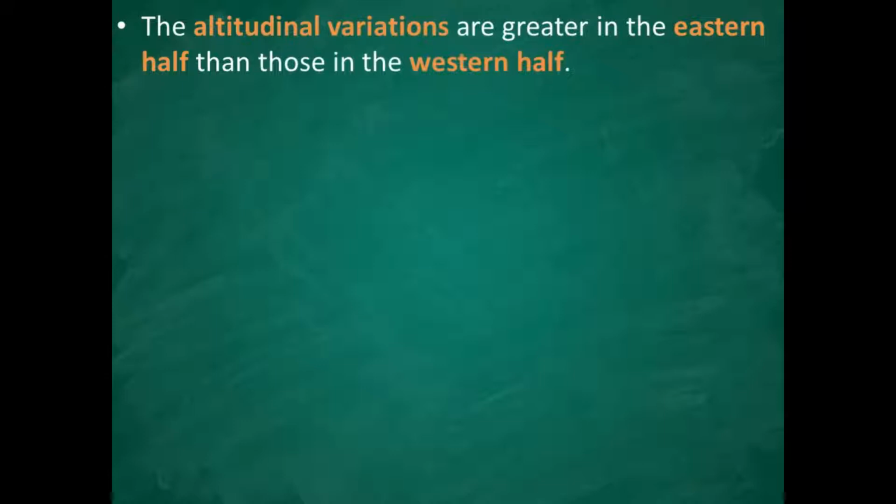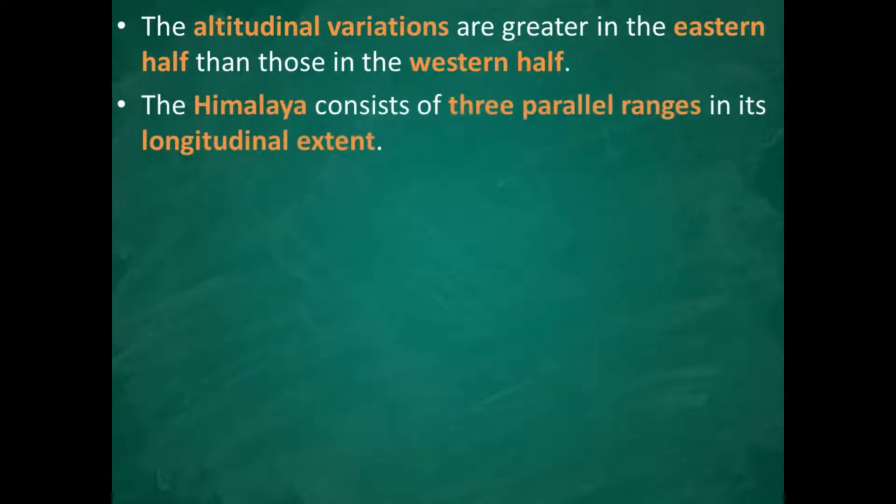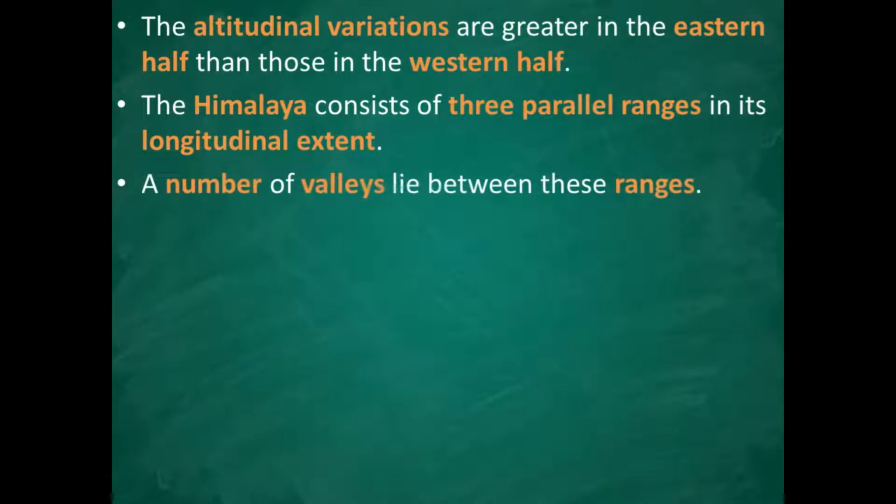The altitudinal variations are greater in eastern half than those in the western half. The Himalayan mountain consists of 3 parallel ranges in its longitudinal extent. A number of valleys lie between these ranges.